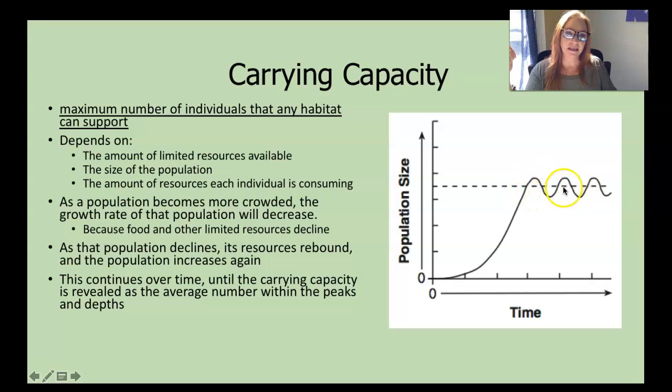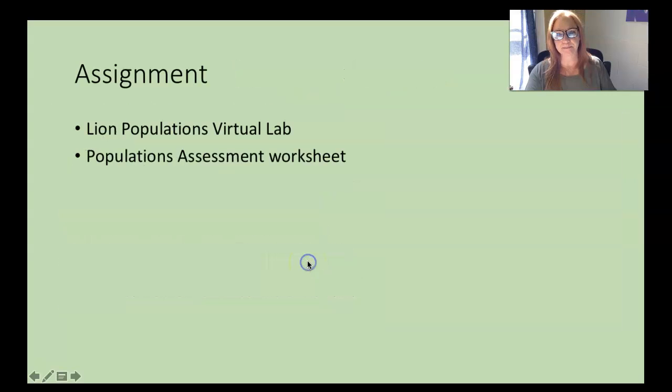Ecologists like to get a couple of years or a couple of cycles of this birth and death cycling, and then they'll take an average number, and you can eyeball it right through the middle of those curves. Okay, that's the carrying capacity.